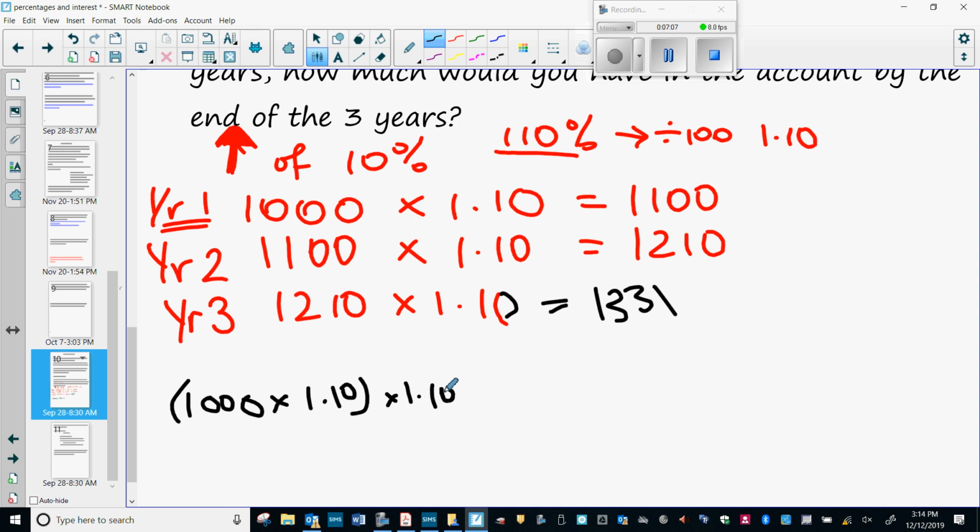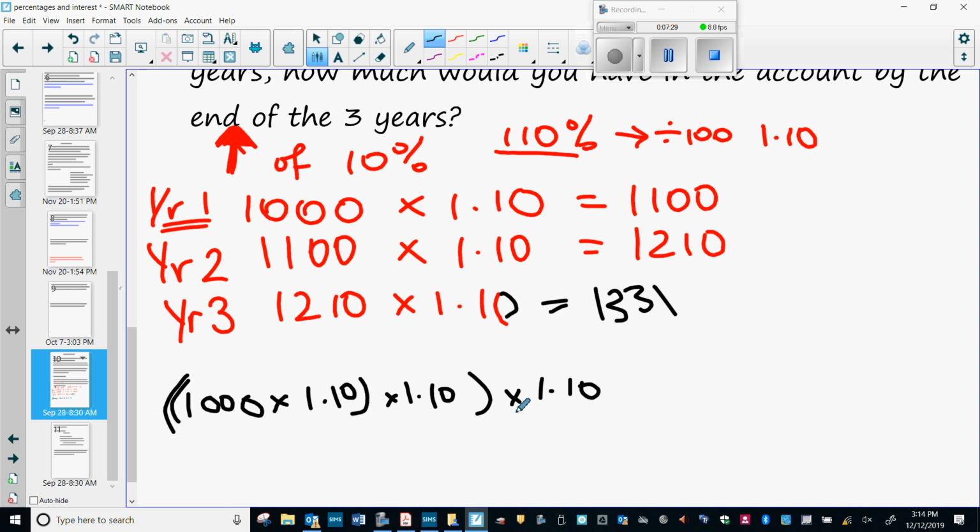So I haven't worked it out, I've just kept that answer there. And then for year 3, I multiplied that answer by 1.10. Do you all see what we're doing? Yes? Now, do I actually need my brackets here, or when we multiply, is it really necessary?